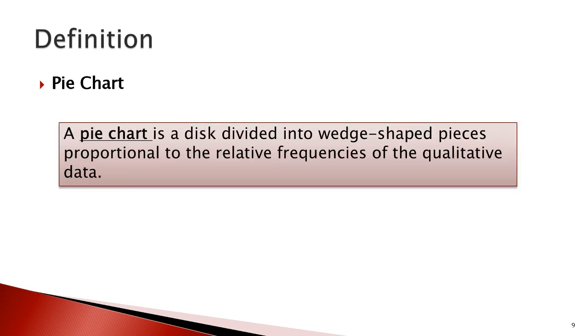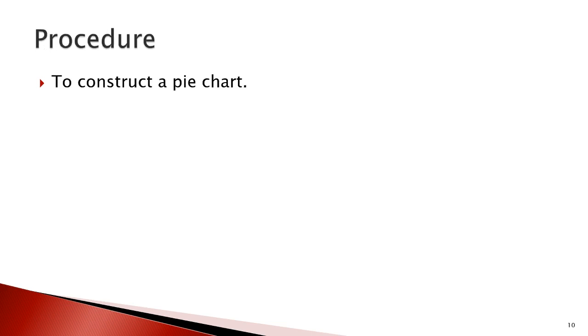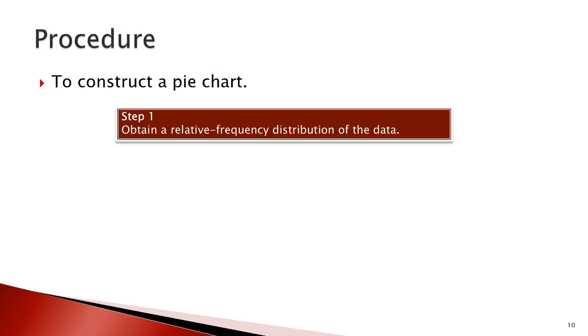By definition, a pie chart is a disk divided into wedge-shaped pieces proportional to the relative frequencies of the qualitative data. And to construct a pie chart, there are 3 steps. The first step is to obtain the relative frequency distribution of the data, as we did in the previous example.